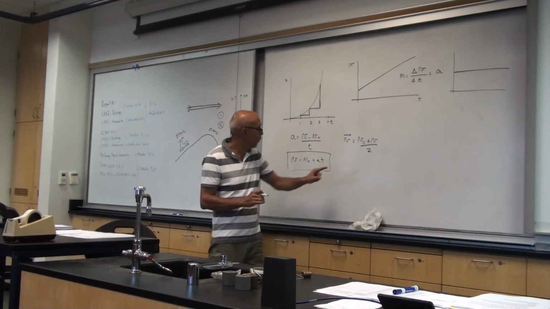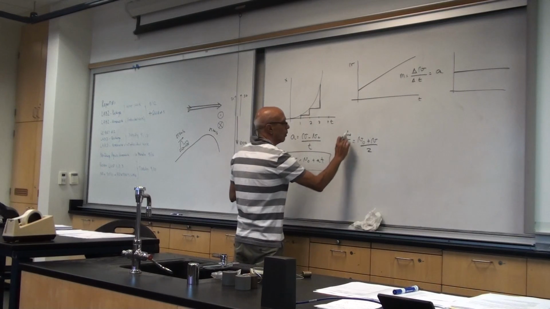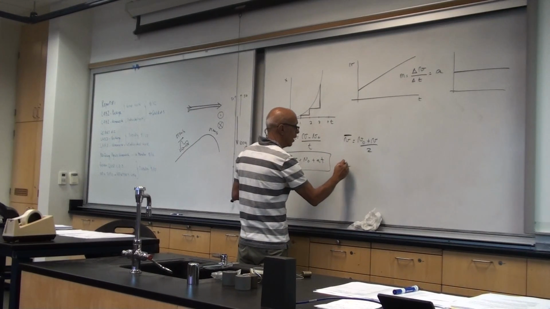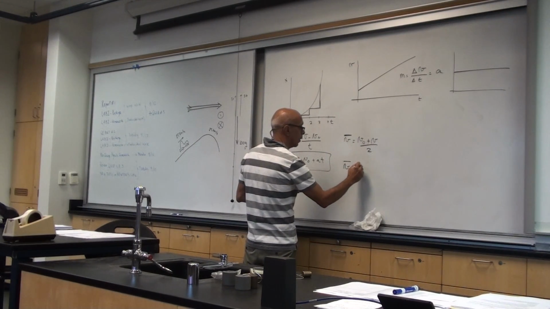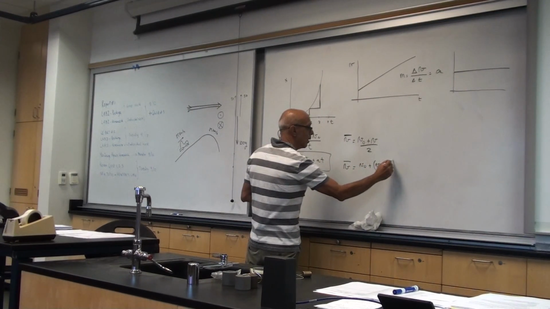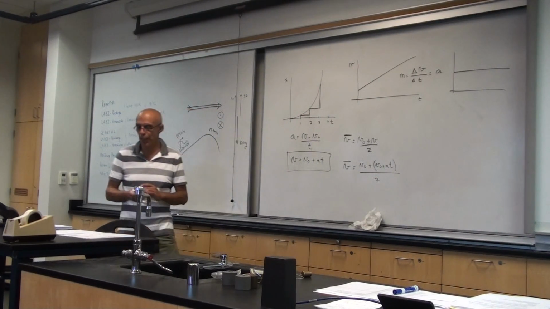What I'm going to do is plug this formula in right now. This is V bar, which means the average. So V average is going to be V0 plus AT divided by 2. Okay?